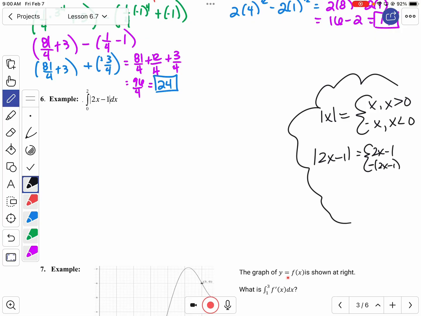What we have to figure out is where would that 0 point be, where the absolute value would change. So where would 2x minus 1 equal 0? At 1/2. So this is when x is greater than 1/2, when x is less than 1/2.